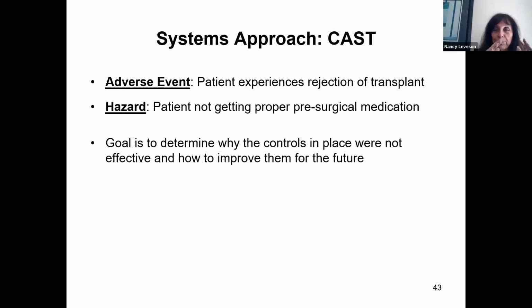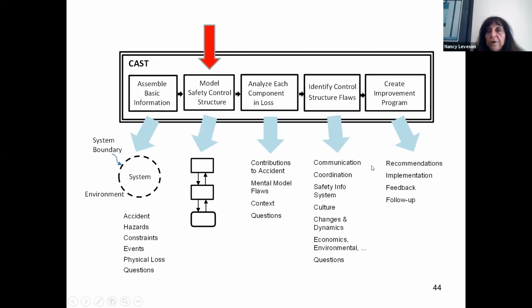STPA is appropriate for before the accident. CAST is much better and more efficient after. So the adverse event is the patient experienced rejection of the transplant and died. The hazard is the patient not getting proper pre-surgical medication. So our goal now is to determine why the controls in place weren't effective and how to improve them in the future. The first step, the basic information, is usually easy here.